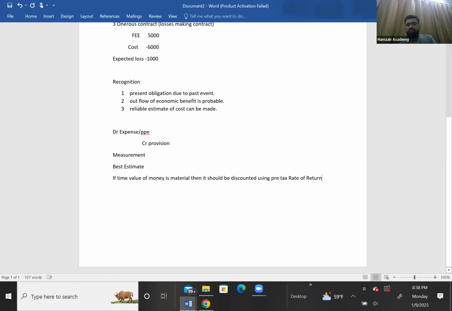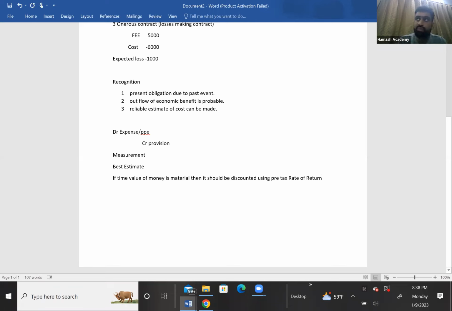Best estimate means that when we are measuring the provision, all the relevant factors must be considered, and all the expected outcomes should be considered. And time value of money is material if the provision is going to be settled after 1 year or more, and then we need to discount the provision to present value.